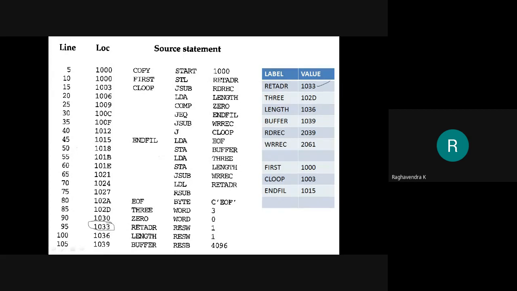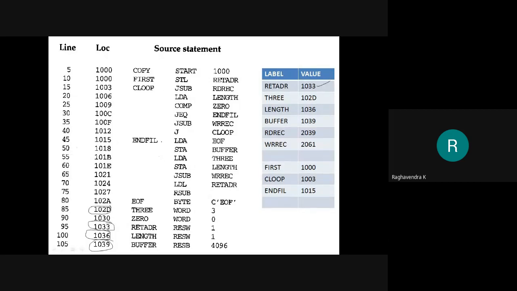Similarly, 3 is 102D, length is 1036, and buffer is 1039. Read record and write record I have given directly because they are further away from the program: 2039, and write record is 2061. Similarly, first is 1000, C loop is 1003, and end fill is 1015.